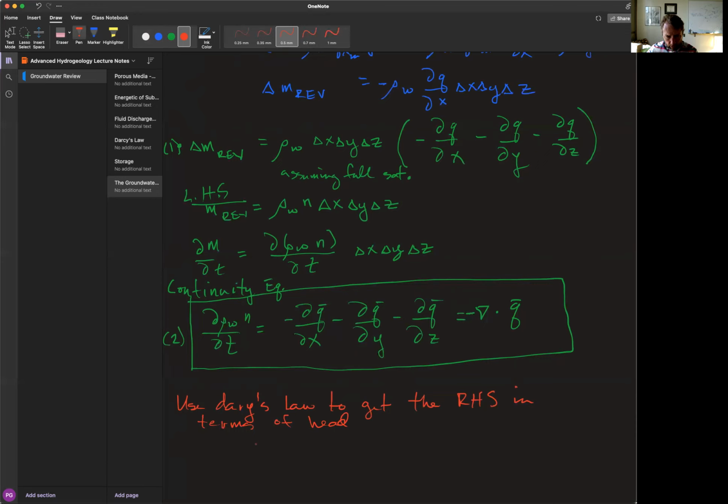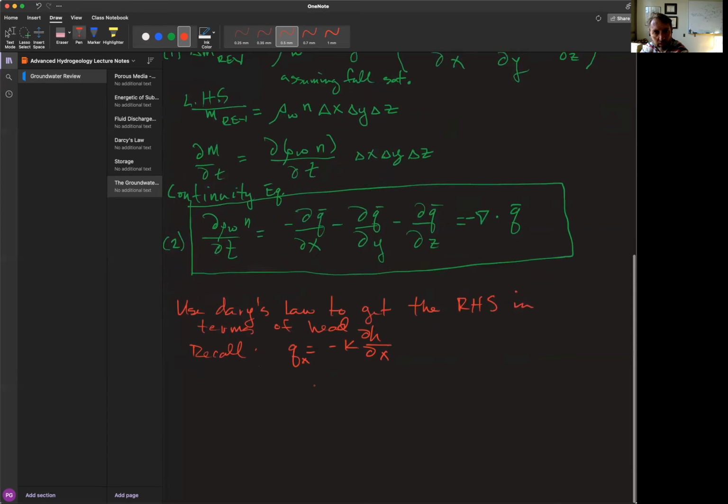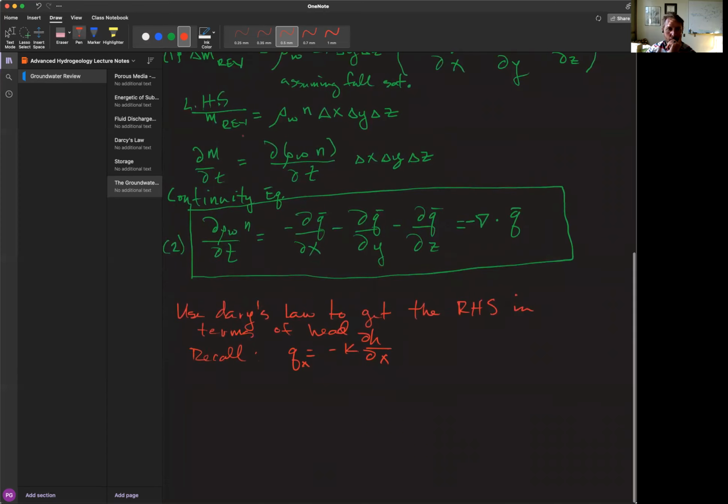All right, so recall Darcy's law: Q is equal to negative K dH dx for Qx. So I'm just going to insert this relationship in here. And again, I forgot something here.